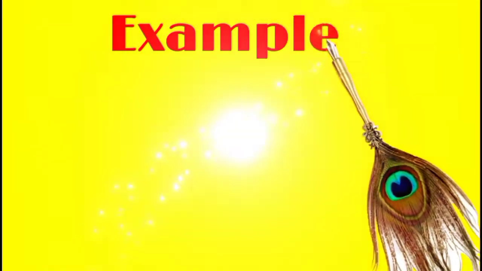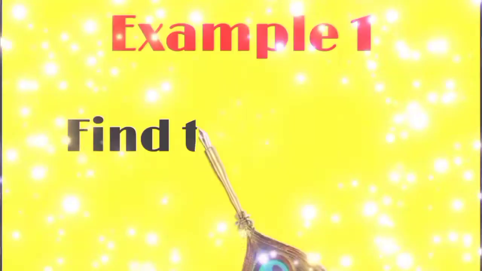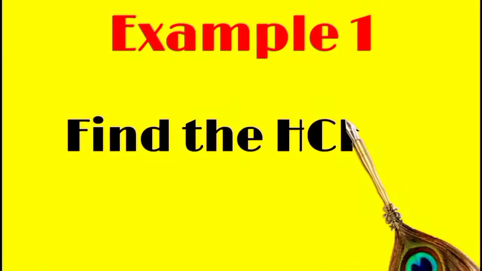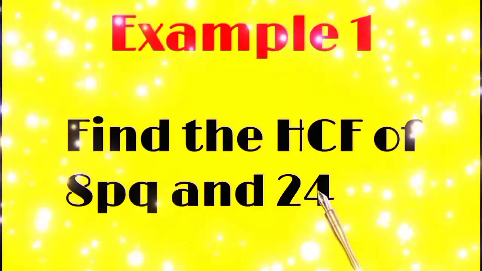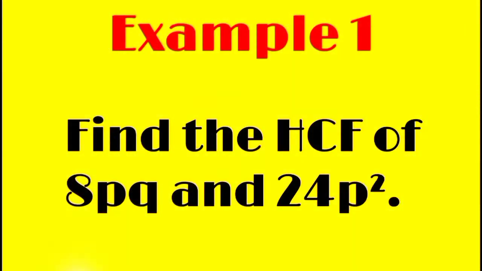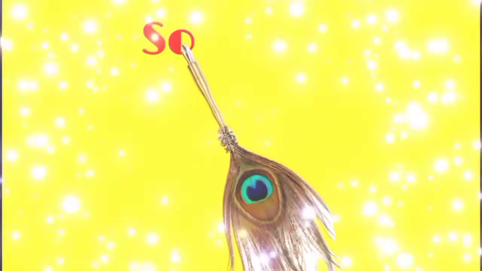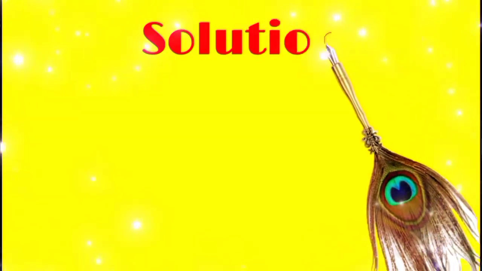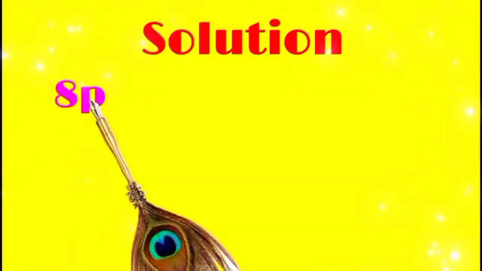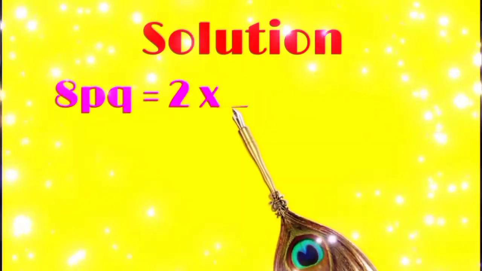So let's take the first example. It says, find the HCF of 8pq and 24p squared. So what do you do here? All you just need to do here is to express each term as a product of its factors.